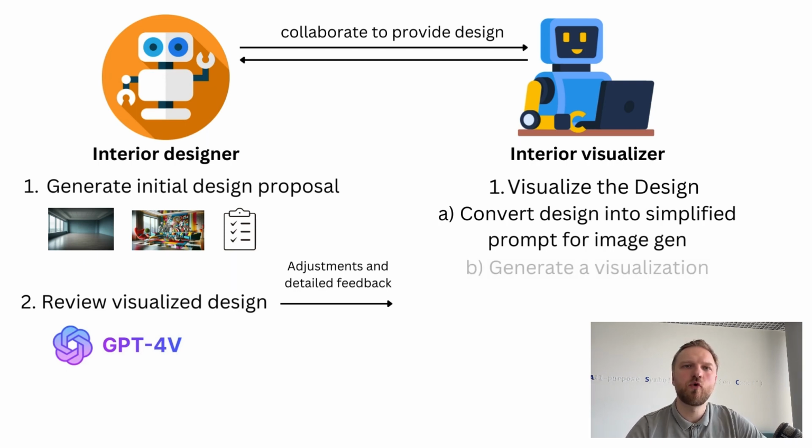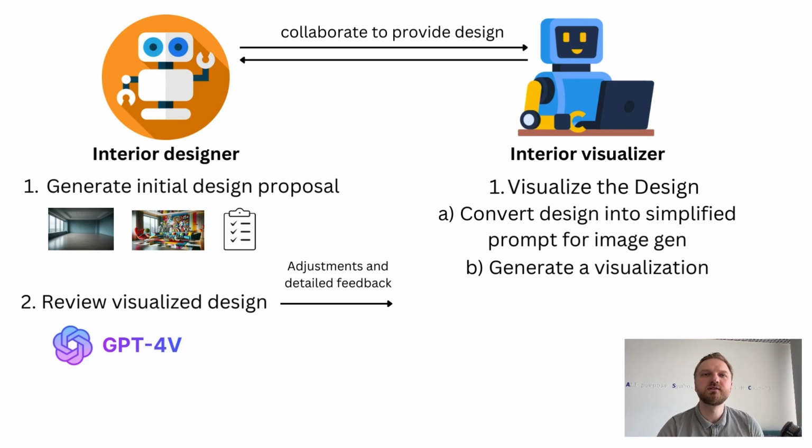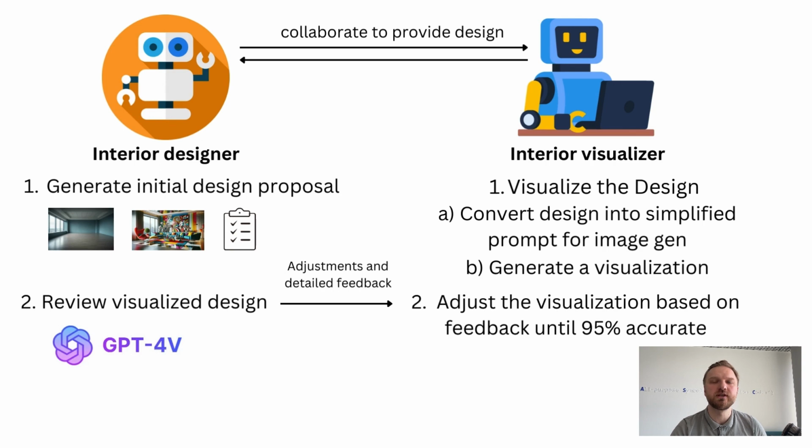Then it will perform a call to our image generation workflow, which will be hosted as an API, to generate the interior design visualization and return it back to the interior designer agent for review. The process will continue until the visualization is at least 95% accurate to the initial design. Then the process will be terminated.